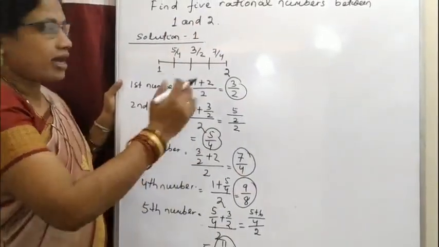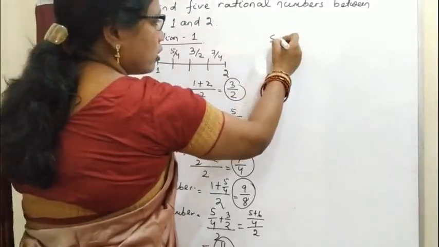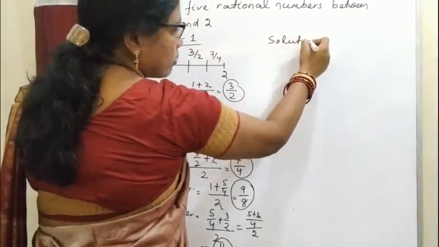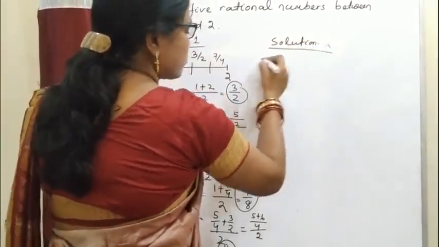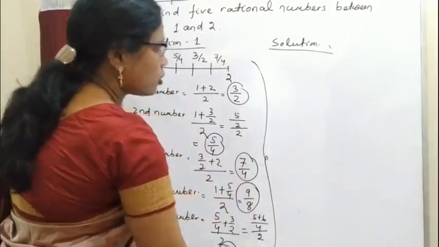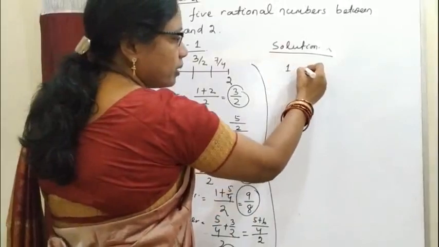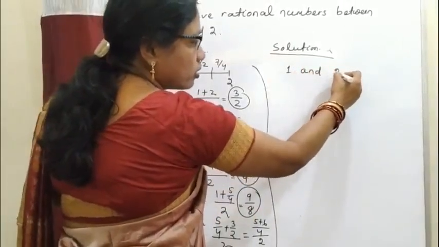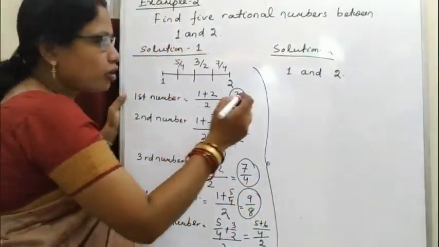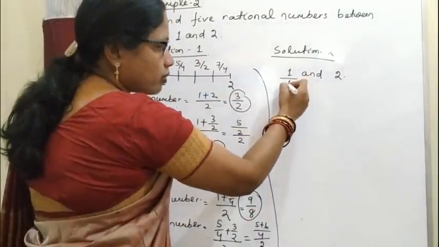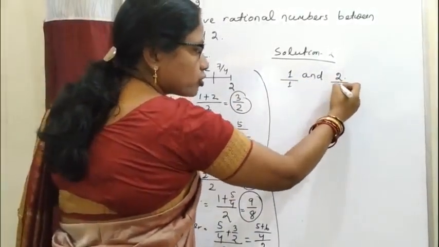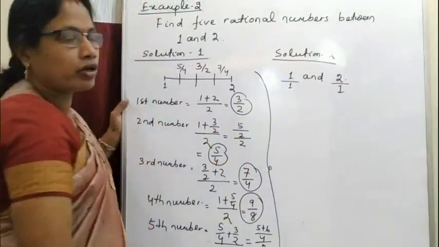So there is another method. So solution 2. So we have to find 5 rational numbers between 1 and 2. So here the denominator of 1 is 1 and here also 1 is the denominator.